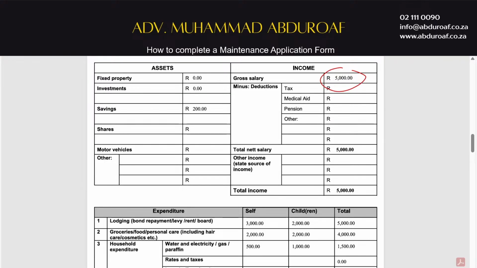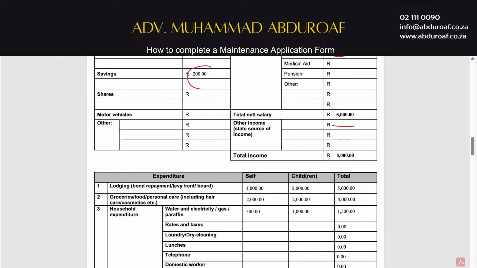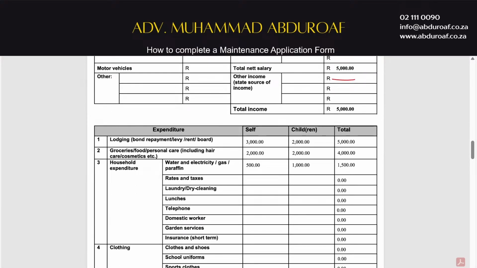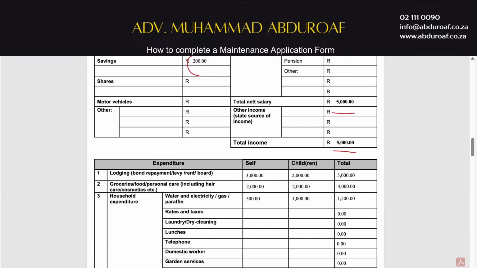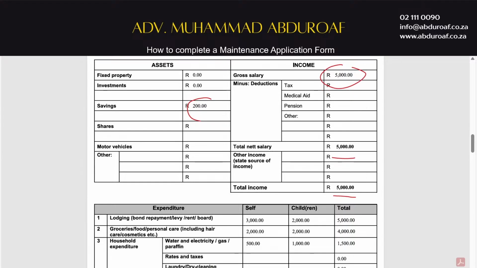And at the same time, when you sign this document, you sign it as an affidavit confirming the contents thereof, swearing to the contents as being true and correct. So be very wary, have a few drafts, pull up an Excel sheet, put in the numbers so that it makes sense. So in this specific case, I stipulated that savings are 200 rand, net income is 5,000, total income 5,000. There might be other expenditures as well.